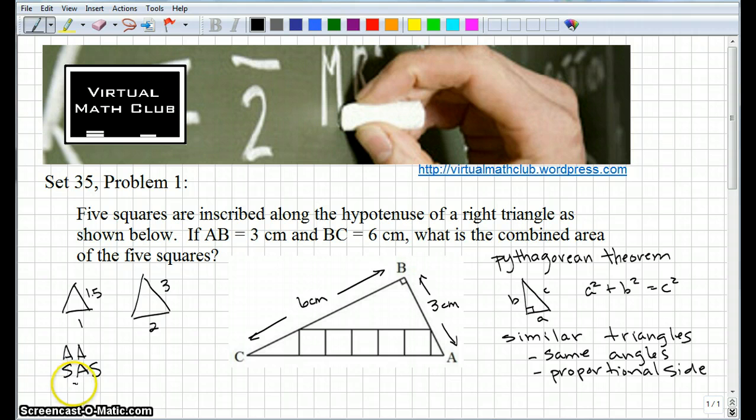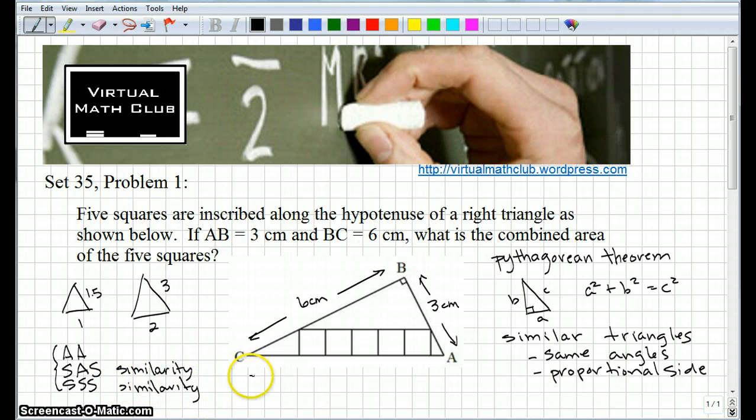Or SSS: show that all the sides are proportional. So there are three common ways. There are other theorems too, but these are the three main theorems to know. Angle-angle, side-angle-side, and side-side-side similarity. There's another one for congruence too, but this is for similarity.